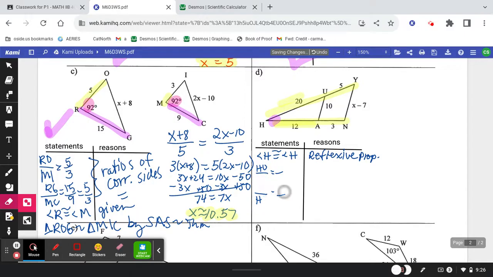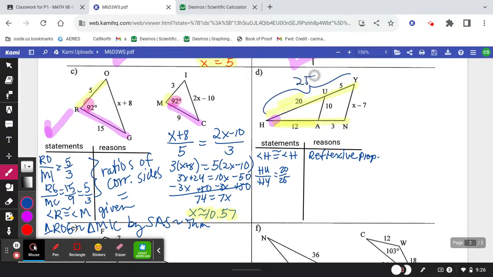HU compared to HY is 20 is to 25. Where does the 25 come from? The whole side length. Just like this bottom one is 15. All right. And then we'll do HA is to HN, or 12 is to 15.